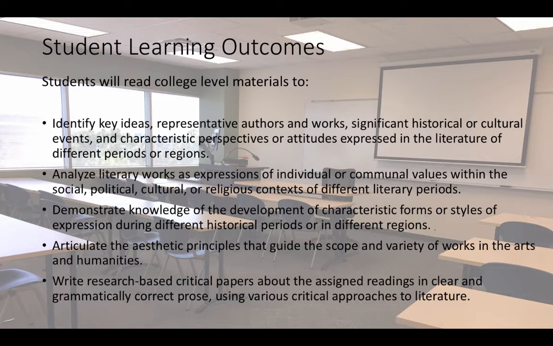Demonstrate knowledge of the development of characteristic forms or styles of expression during different historical periods or in different genres. Articulate the aesthetic principles that guide the scope and variety of works in the arts and humanities, and write research-based critical papers about the assigned readings in clear and grammatically correct prose, using various critical approaches to literature.